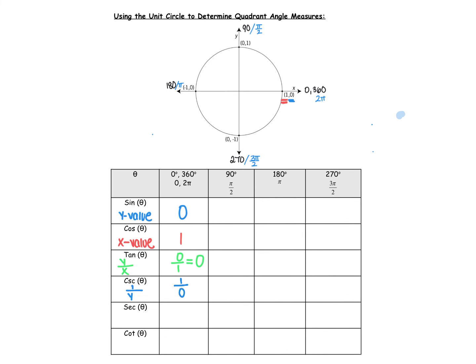But we have to remember, if 0 is in the denominator of a fraction, the fraction is undefined. So the answer for cosecant would be undefined. Now, secant. Secant is the reciprocal of cos, so it's 1 over the x value. Since the x value is 1, it's 1 over 1, and 1 divided by 1 is simply 1.